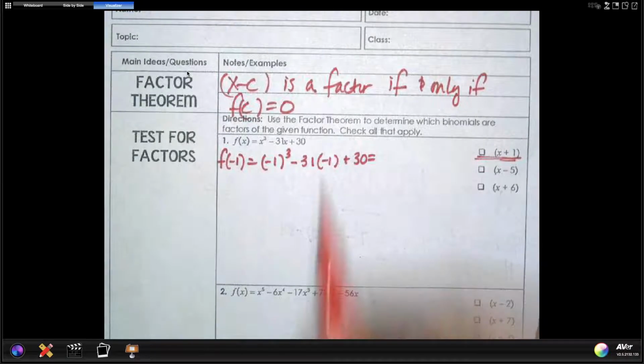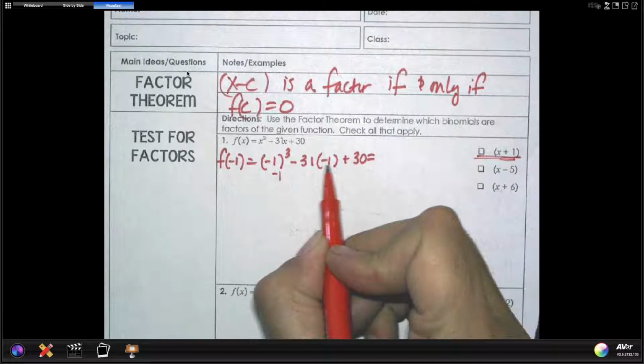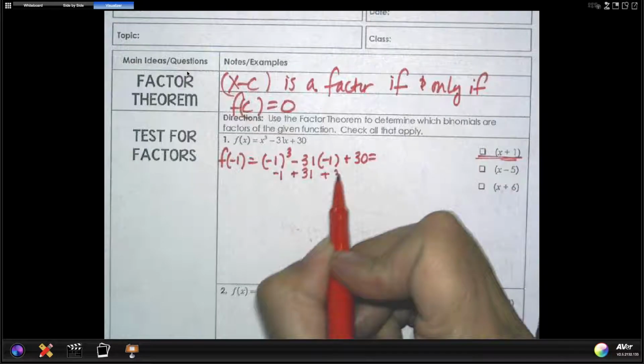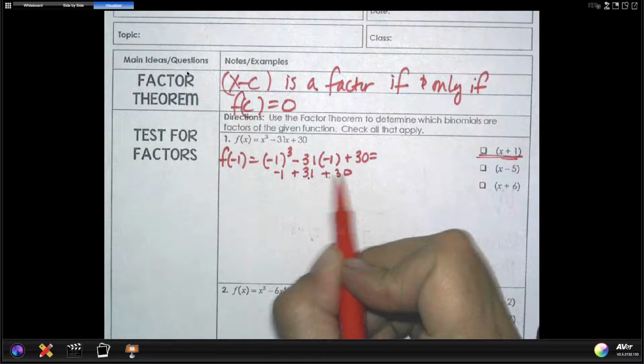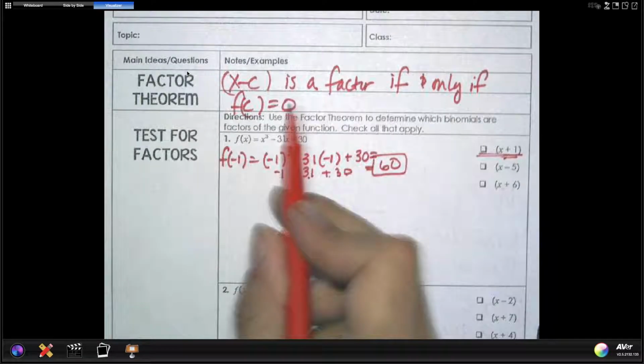So we can do mental math here. This gives you negative 1. 31 times this negative 1, two negatives will give me a positive 31 plus 30. Well, this gives me 30 plus 30. This gives me 60. Is this a factor?